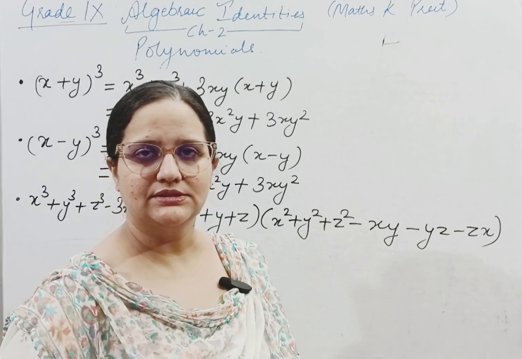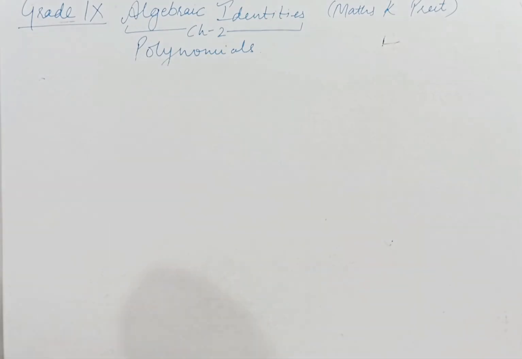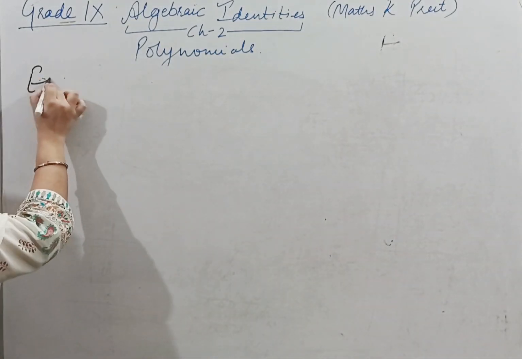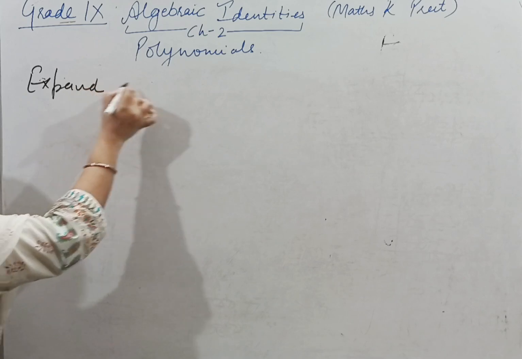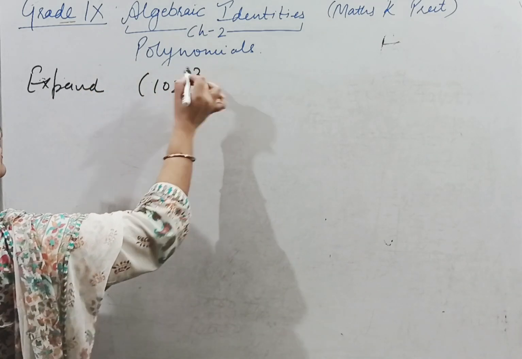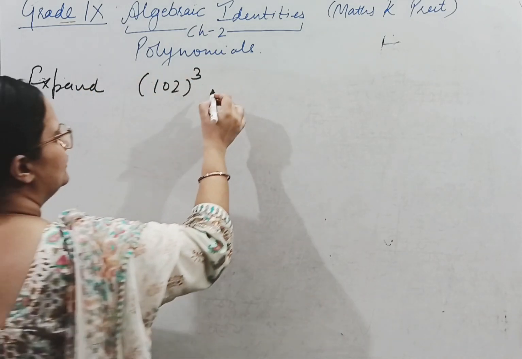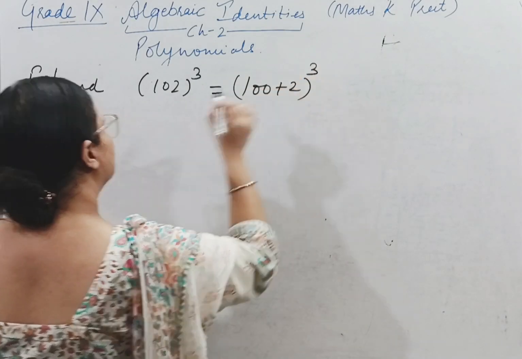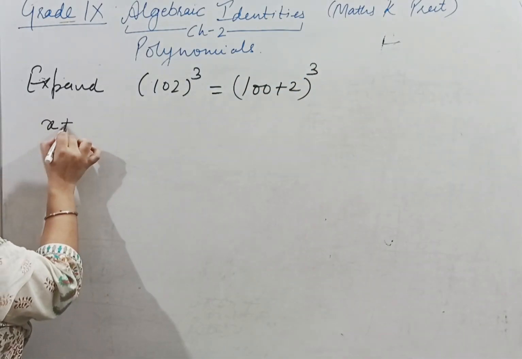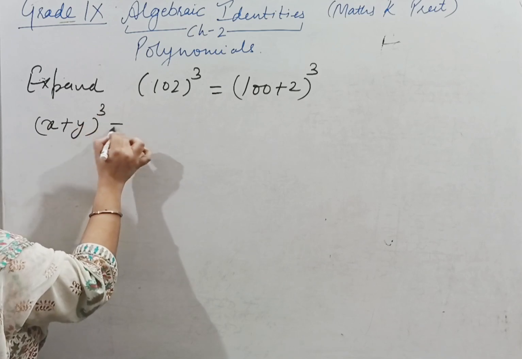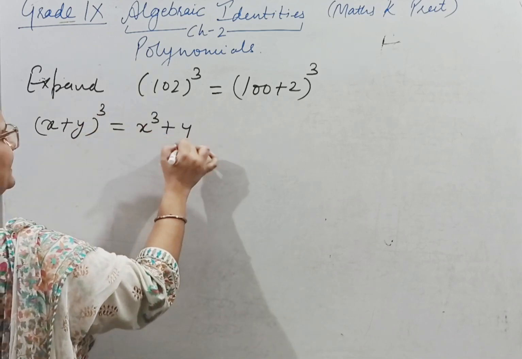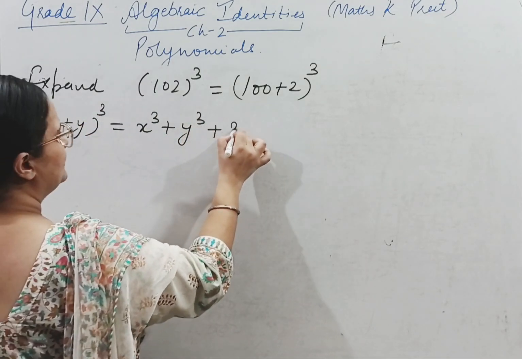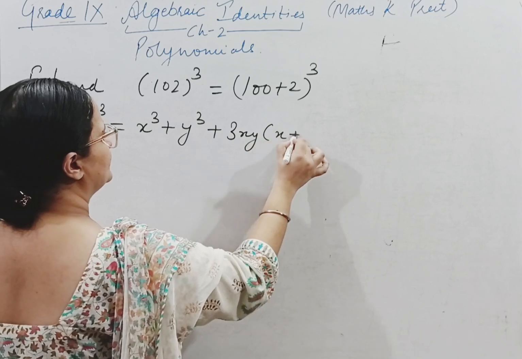Let's solve a few questions related to these identities. So the question is asking us to expand 102 whole cube. 102 whole cube can be written as 100 plus 2 whole cube. So we know the identity, that was x plus y whole cube. This is equal to x cube plus y cube plus 3xy in brackets x plus y.